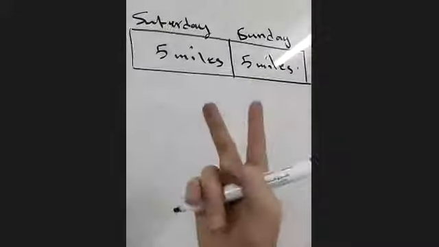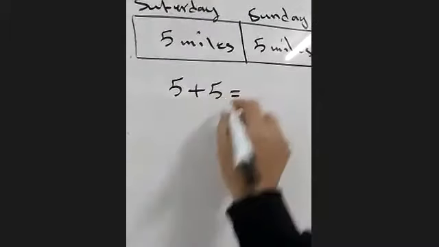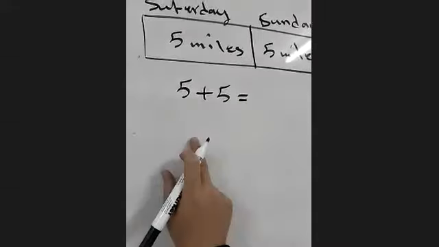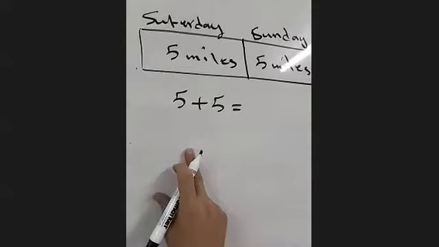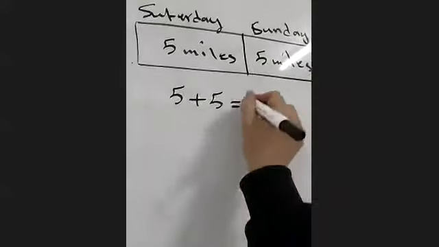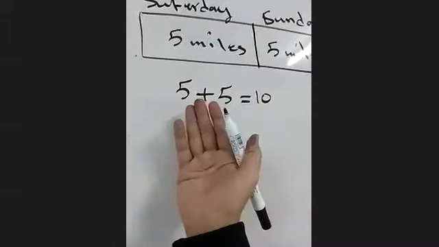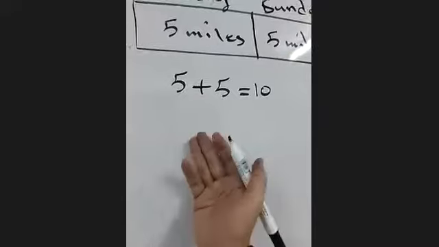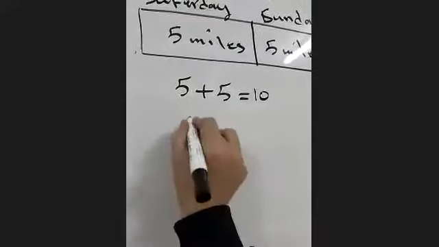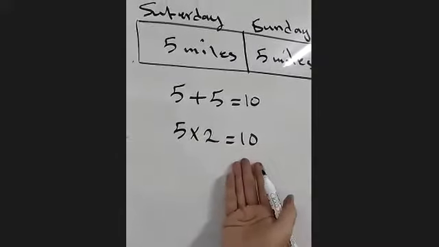Now, we can write 5 plus 5, right? And because we have 2 5s here, what can we say, Ghassan? 10. I know 5 plus 5 is 10. But I can express 5 plus 5 in another way: 5 multiplied by 2. Also 10.